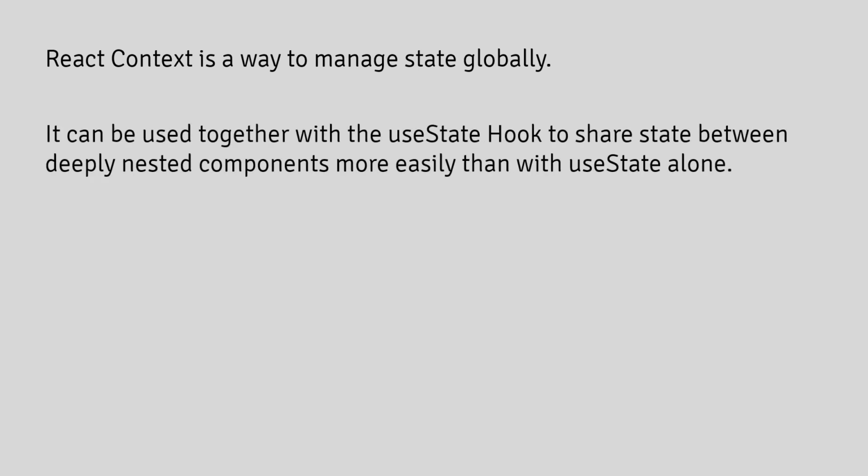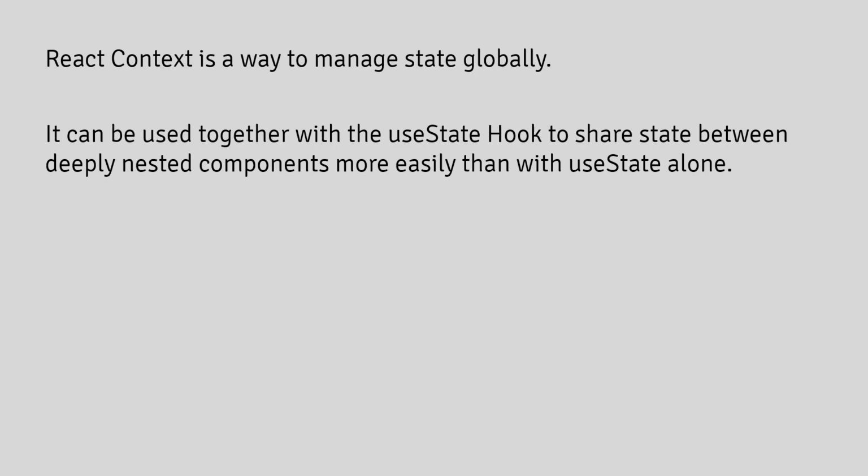It can be used together with the useState hook to share state between deeply nested components more easily than with useState alone. So instead of providing a fixed value, we can use useState, so we can update the values easily.